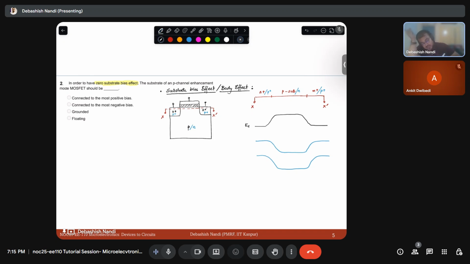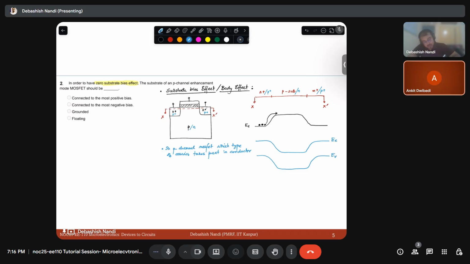In this case, electrons see some barriers to cross. But what is the carrier in a P channel MOSFET? Which type of carrier takes part in conduction? Any idea? Holes. If it is holes, which band should we consider for transport, EC or EV? EV.